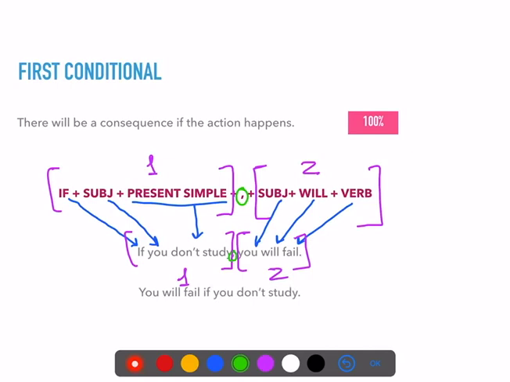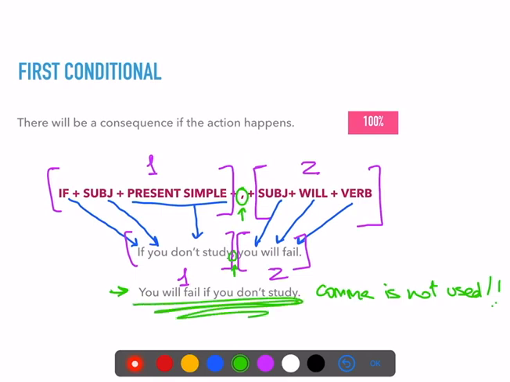See, we have here a comma. But not here. In this kind of sentences, comma is not used. Be careful with that, because the comma is a mistake.